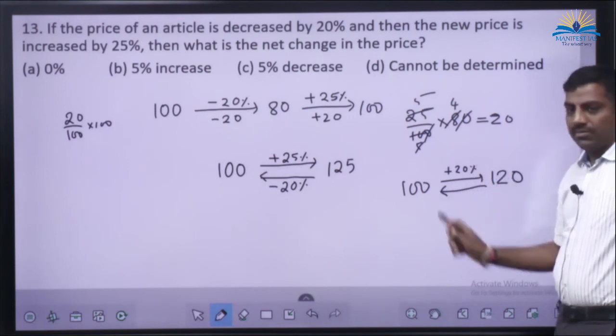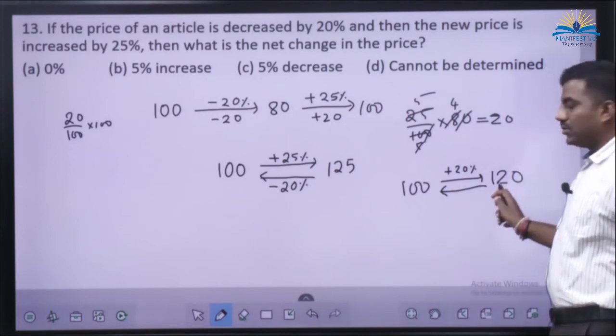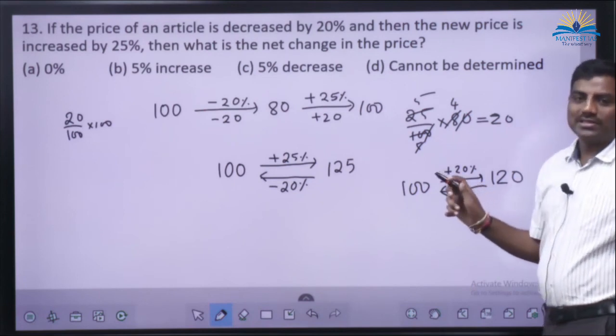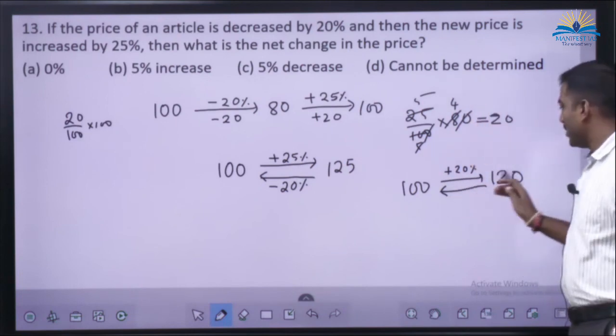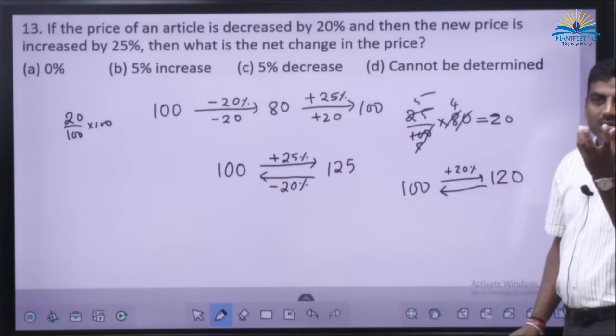To get back to the original price, how much should I reduce? Don't give some tukka answer, okay? From 120 to 100, how much you should reduce by value? 20, no?